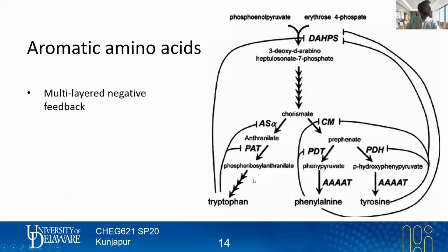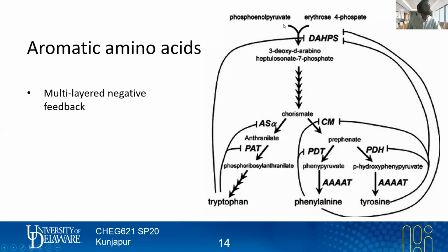Okay, so in this pathway, this is what appears to be a somewhat blurry drawing from a paper that I probably should have cited here, that shows different kinds of regulation occurring at stages of this pathway.